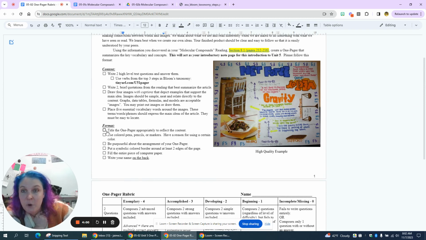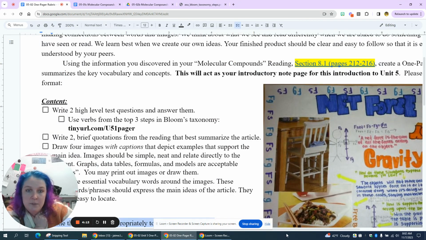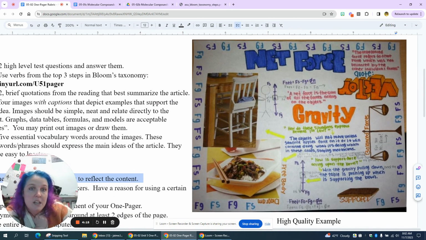Okay, the format, you need a title. That's important. You're going to use colored pens, pencils, or markers and have a reason for using a certain color. A good example would be this physics example here on net force. You can see here that this person put both of their quotations in lime green.